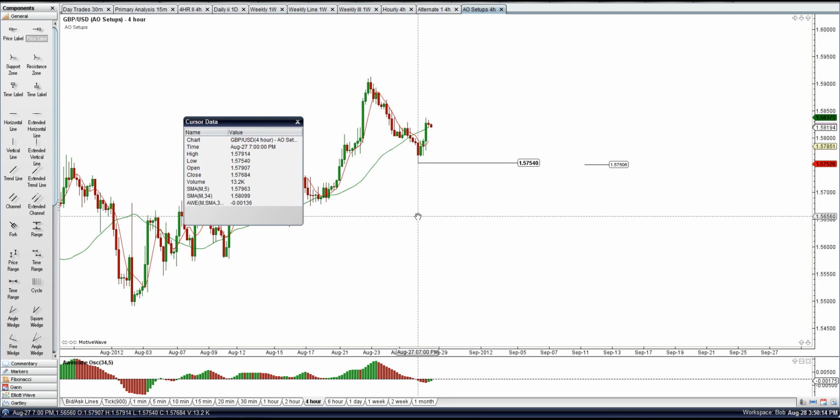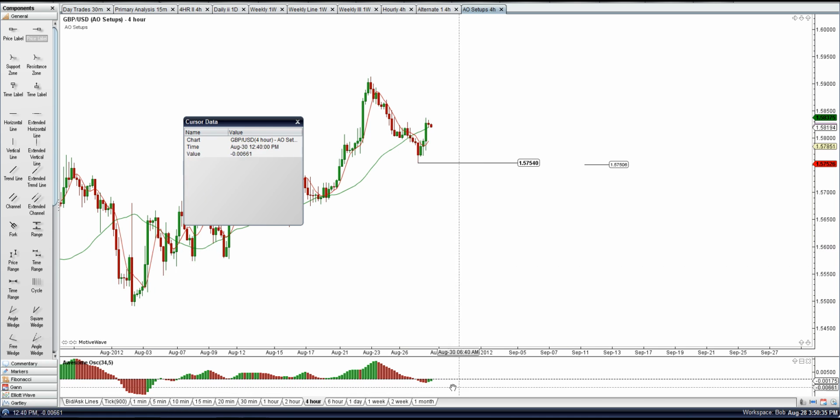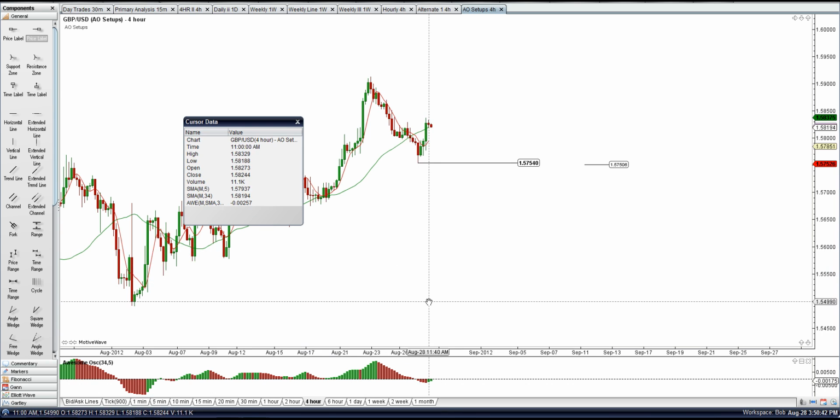And something I wanted to mention too is, example here, I won't take it unless it's a negative triple digit here. Here, this one's only 0.0051, so on the negative side. Otherwise, you take on a sideways slow day consolidation, you're going to get beat to crap.